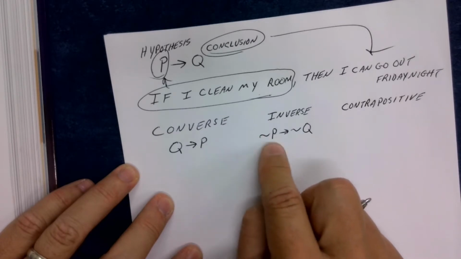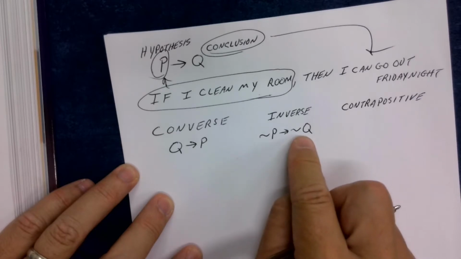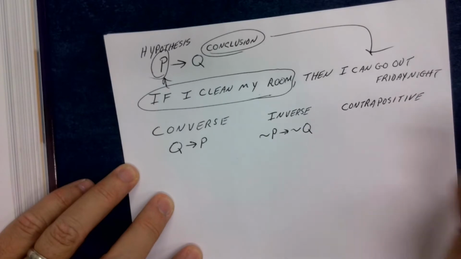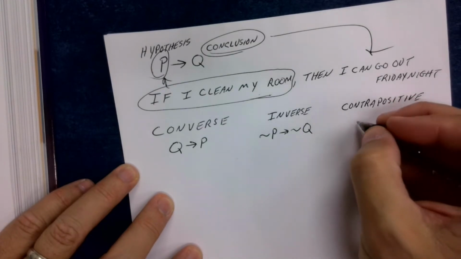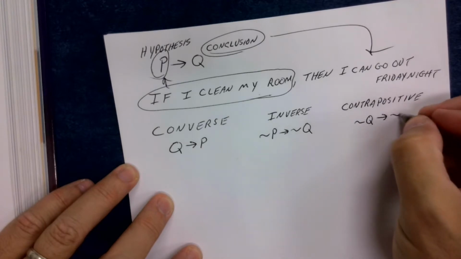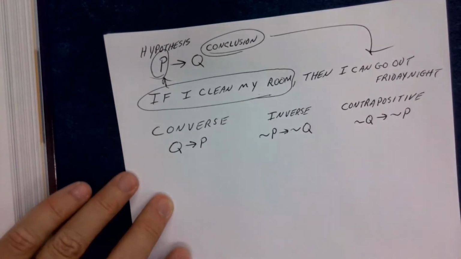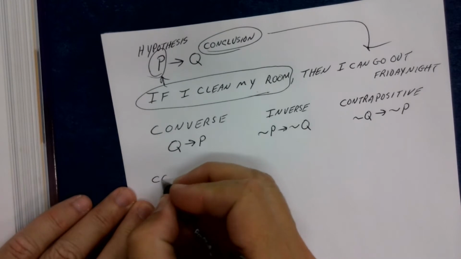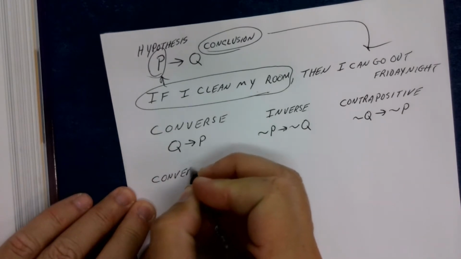If I don't clean my room, then I don't go out on Friday night. And then the contrapositive simply switches the inverse: squiggle Q implies squiggle P.